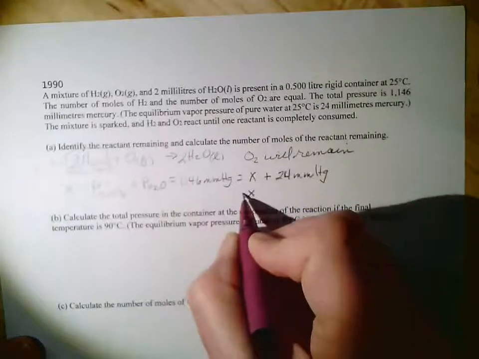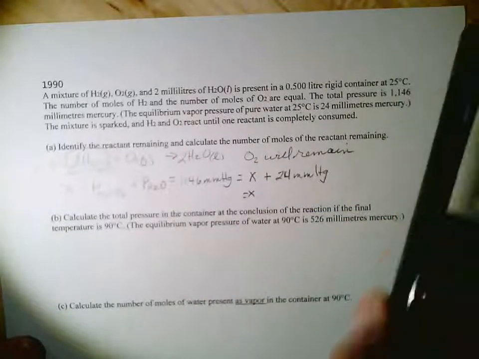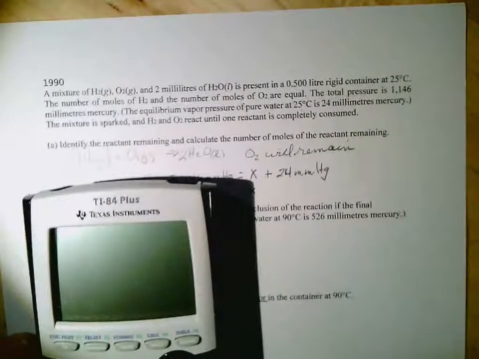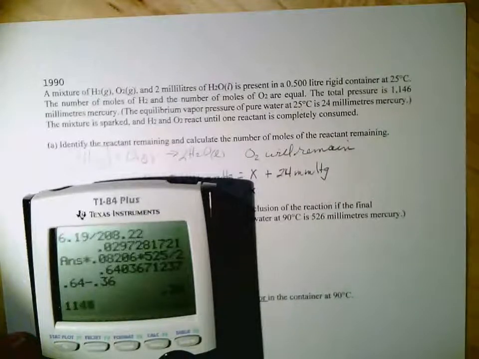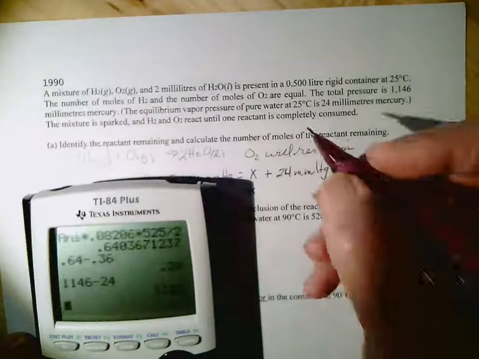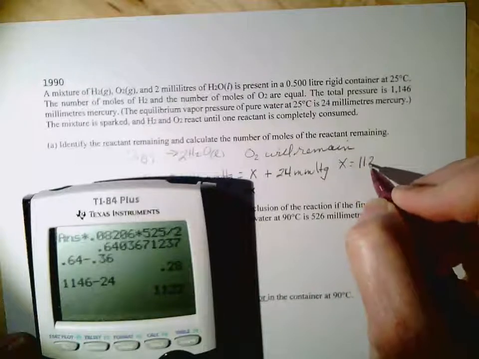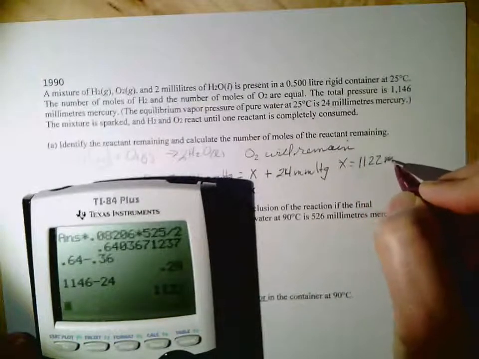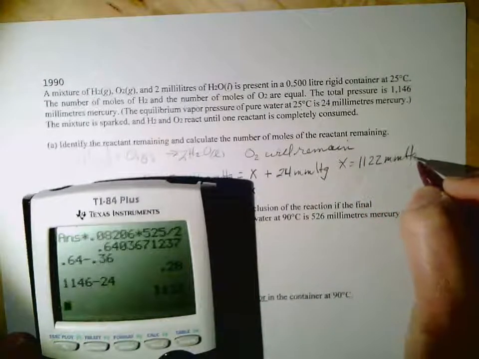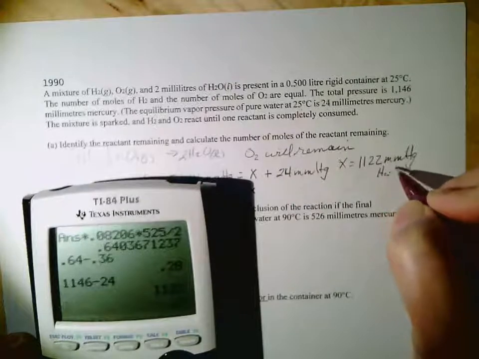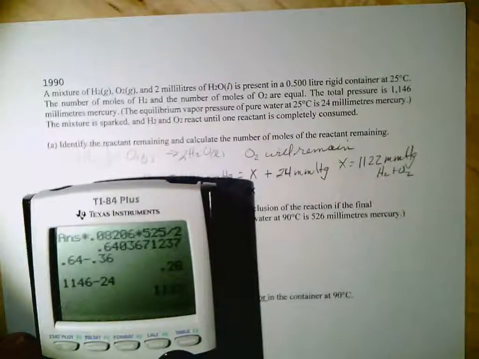So X, the pressure of hydrogen and oxygen, is going to equal 1146 minus 24. Yes, I don't want to make a mistake. And so that X is going to equal 1122 millimeters of mercury, and that's for hydrogen plus oxygen.